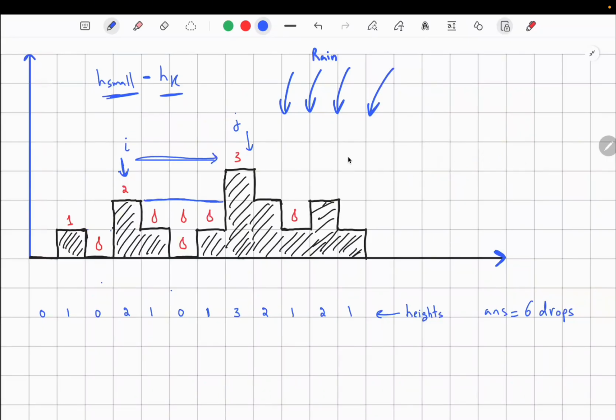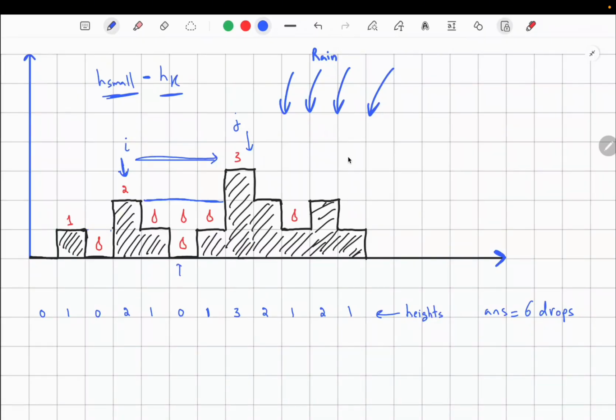So continuing our example here, under this line, we can calculate the number of drops that we can trap. For example, at this index, and remember that h small in this case is equal to 2, the amount of water that we can trap is h small, which is 2, minus the height at the current index, from here to here, which is equal to 1, so 1 drop.